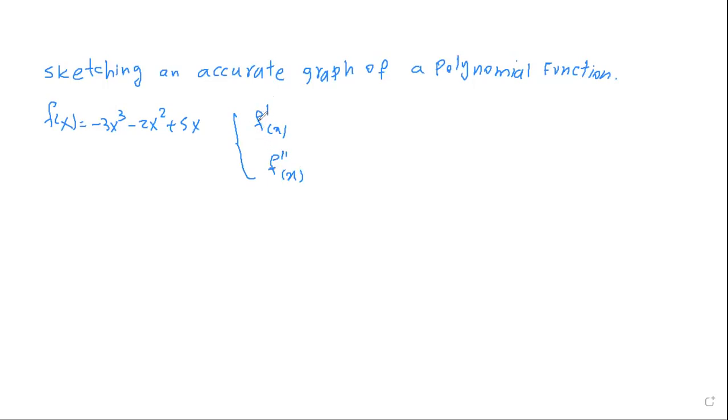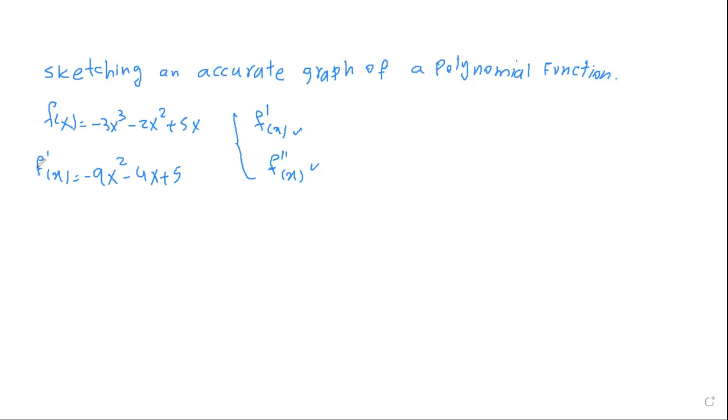We want to find the first derivative and the second derivative. What is the first derivative? Negative 9x squared minus 4x plus 5. Yeah? Okay, this is the first.